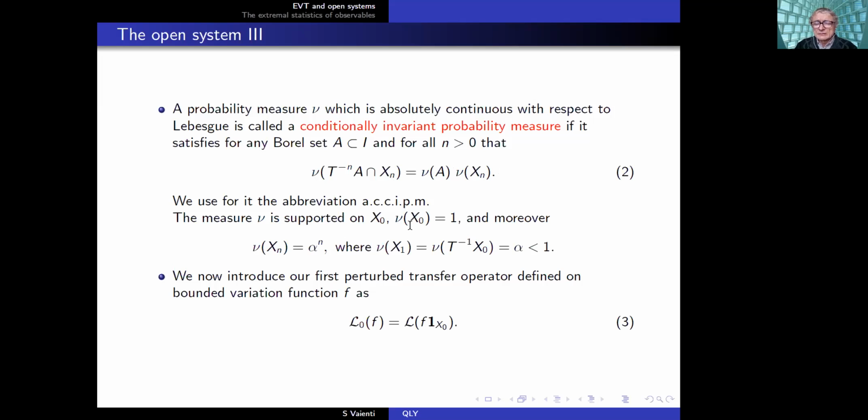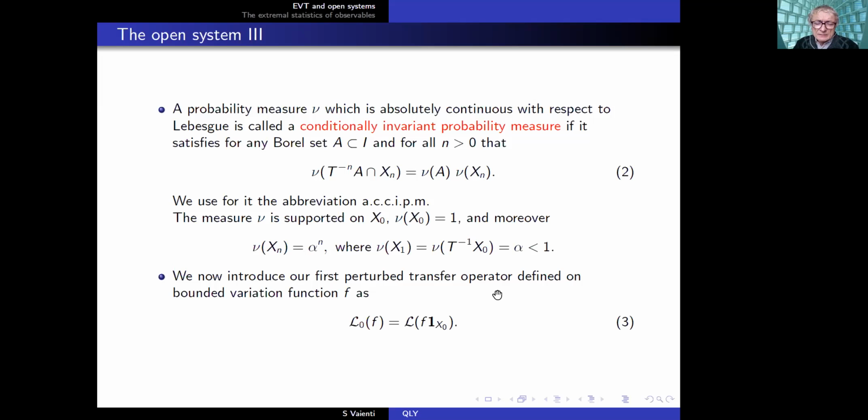On this set it is a probability measure. Moreover, it verifies the condition which is here: the measure of the surviving set at stage n decays exponentially fast with this number alpha, which is related to what people call the escape rate. I will come back to this definition at the end of this first part.